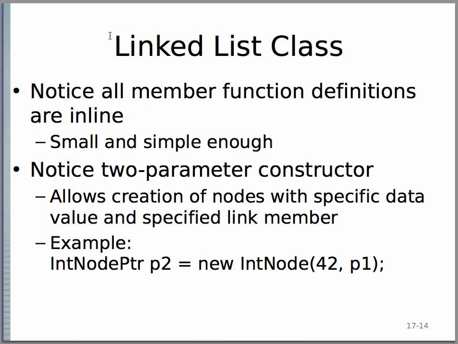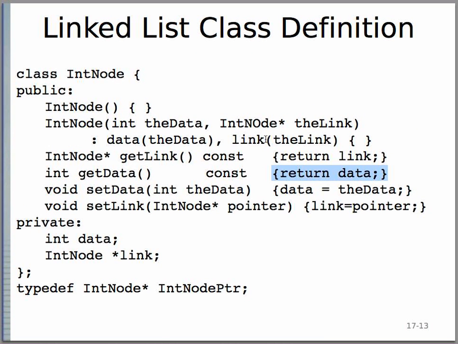Notice also the two-parameter constructor in this case. It allows the creation of nodes with specific data values and a specified link member. That's a good thing to do. We didn't do that because we used structs, and we didn't try to use this kind of structure.